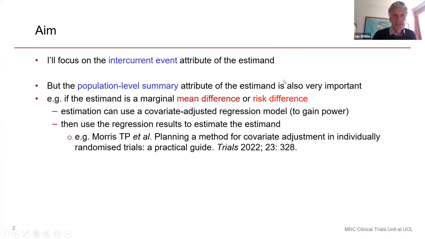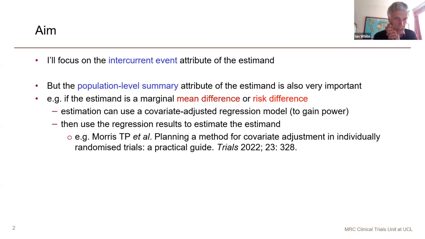I'm going to focus very much on the intercurrent event attribute of the Estimand. But before I do that, I'm just going to point out that the population level summary attribute of the Estimand is also very important. I really like the fact that Estimands don't have to be parameters in statistical models.